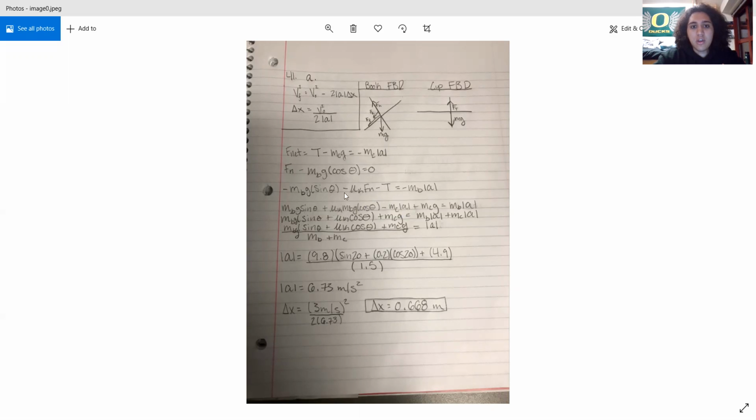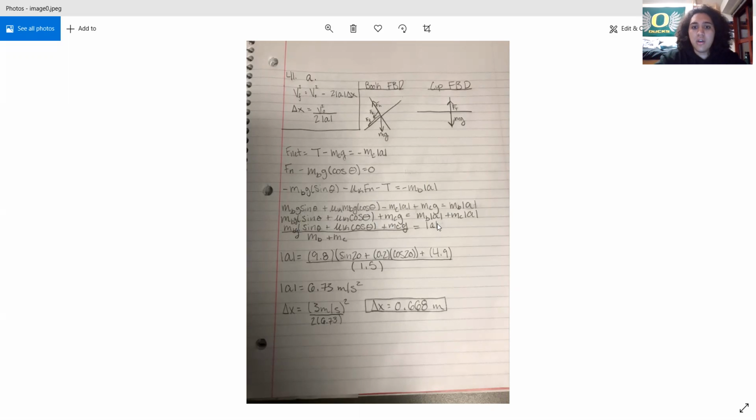So we have our μ multiplied by our normal force, and then we have our tension, because our tension is pulling the book downwards also, and we can find from this equation up here that our tension equals the mass of the cup times the acceleration, and then the mass of the cup times the gravity, which happens to be very similar. So now with that, we can factor out the mass of the book times gravity with our sine and our μ kinetic multiplied by our cosine, and then we have an acceleration here and an acceleration here, so we want to get those on the same side.